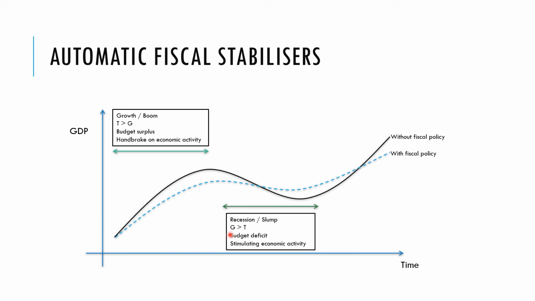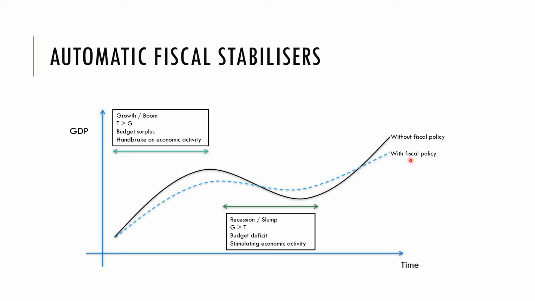So we'd expect to be a budget deficit in this period, and that means a net injection into the economy. So government spending being bigger than taxation provides an injection, stimulating economic activity and actually meaning that the level of GDP would be higher than it would otherwise be without the use of fiscal policy.